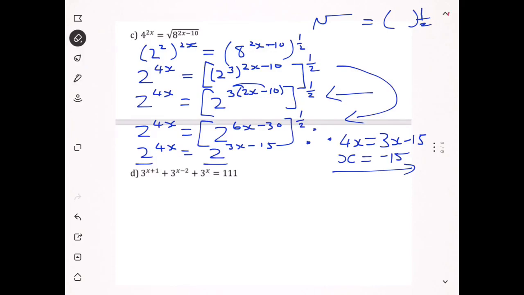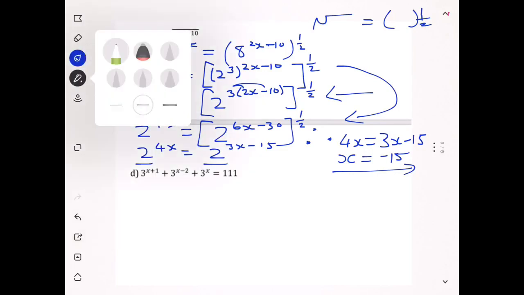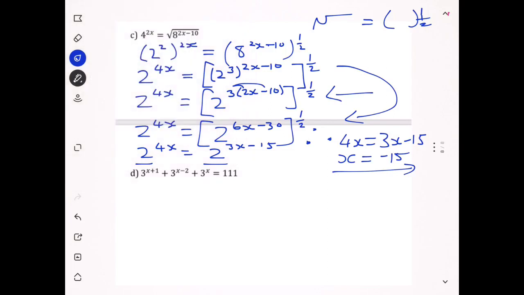3 to the x plus 1 plus 3 to the x minus 2 plus 3 to the x equals 111. So the way we do this is that, because there's plus signs in between each of the terms, we have to break up these 3 to the powers into single exponents. So 3 to the x plus 1 becomes 3 to the x times 3 to the 1, because 3 to the x times 3 to the 1 is the same as 3 to the x plus 1.